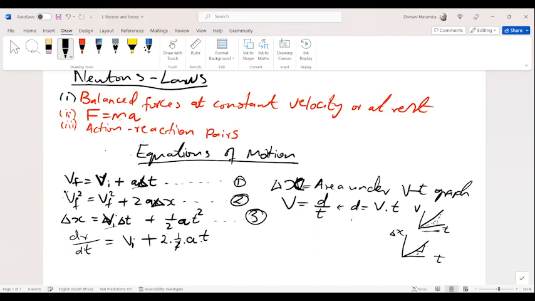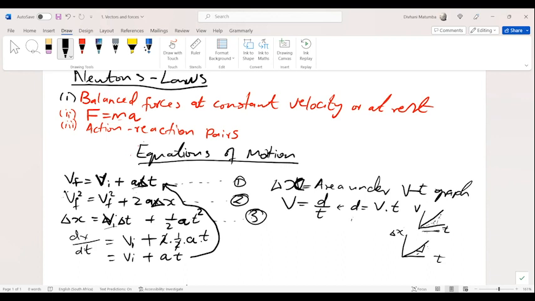So the 2 will cancel. You'll be left with v initial plus at, which goes back to that. So that's a proof. All right, moving right along.